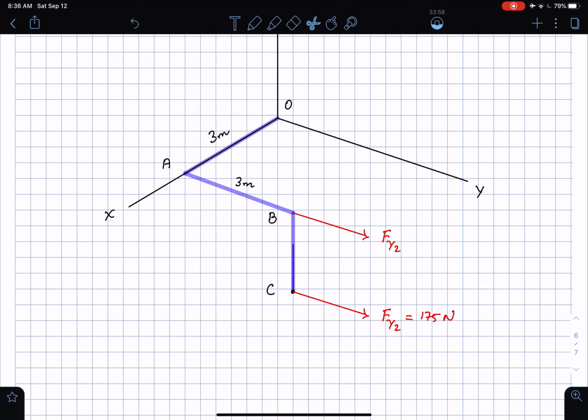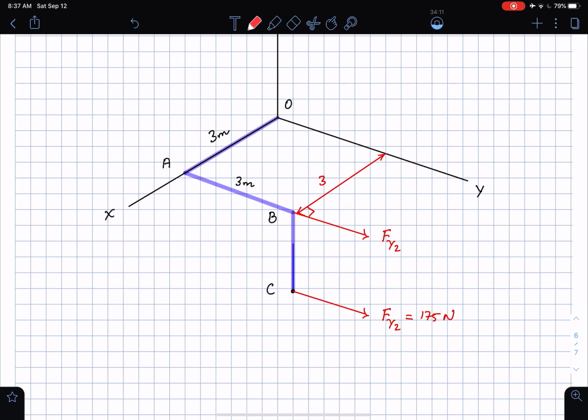And you'll immediately see that there is a perpendicular distance for this force, from the line of action of the force all the way to where a line drawn parallel to the force comes from the point O, right? Which means that this is a perpendicular distance of 3 meters. I hope that makes sense.